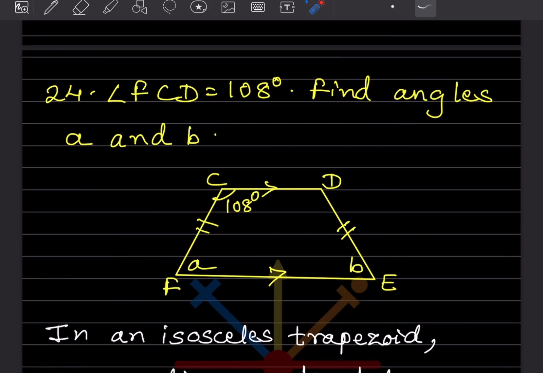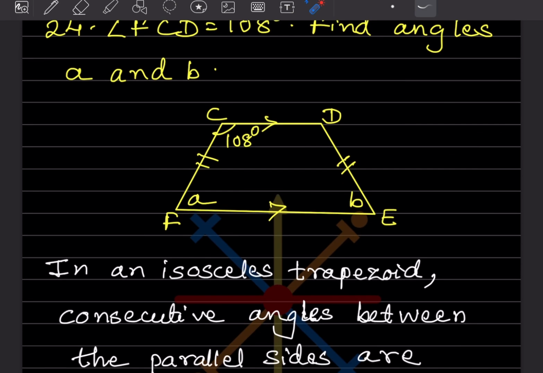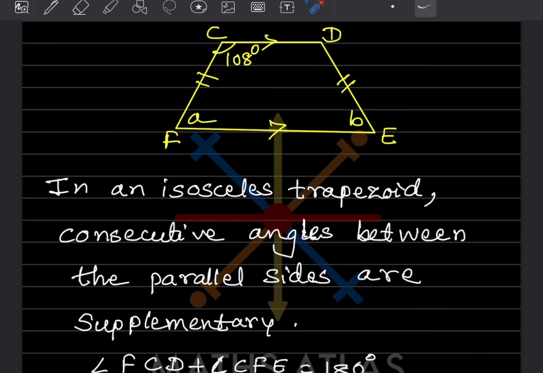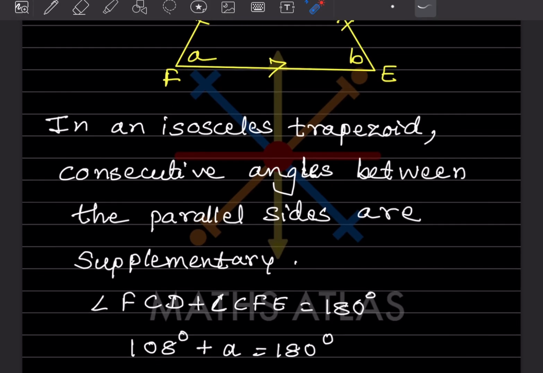If angle FCD is equal to 108 degrees, you have to find the angles A and B. This is the figure given. So in an isosceles trapezoid, consecutive angles between the parallel sides are supplementary. These are the parallel sides, they are supplementary. So angle FCD plus angle CFE should be 180, so here 108 plus A, we don't know A, is 180.